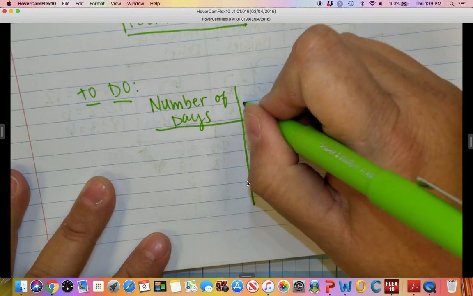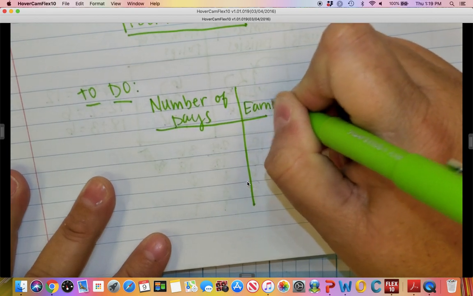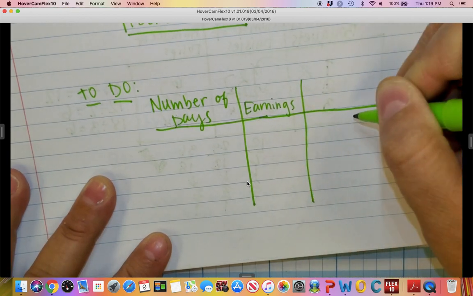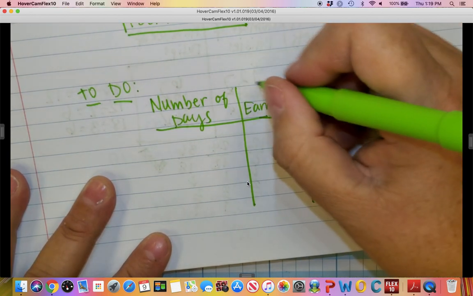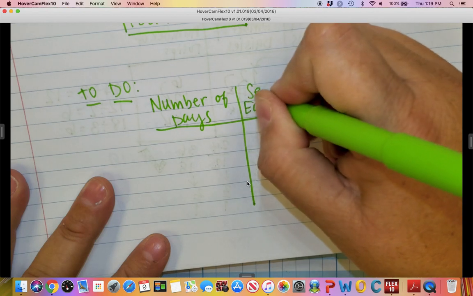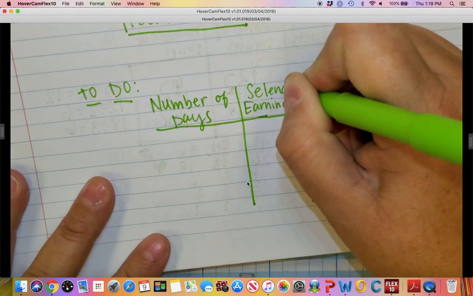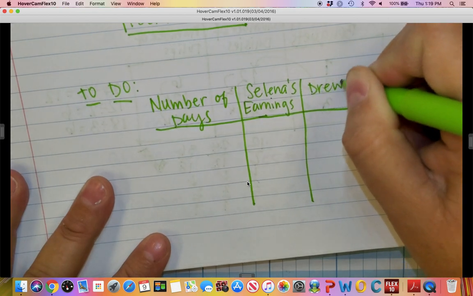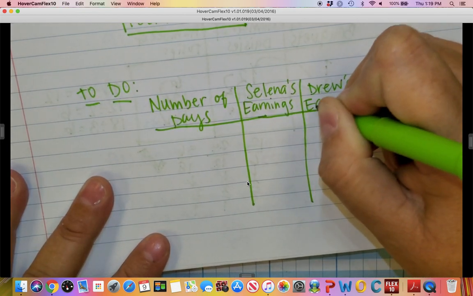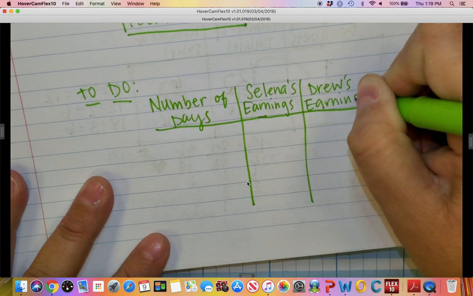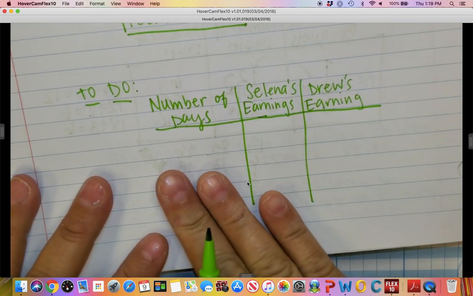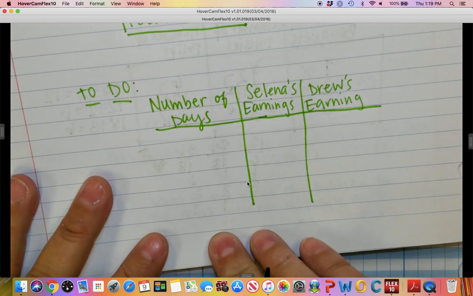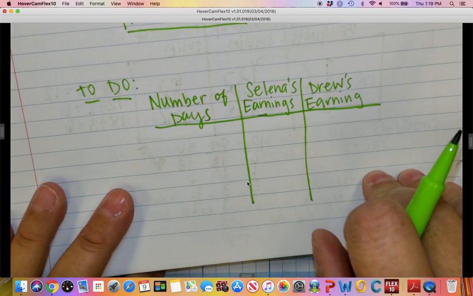And earnings, how much money was made. And this is going to be Selena. And this is going to be Drew. Okay, so this shows Selena makes some money and Drew makes some money. And this is going to say the number of days that they worked, how much they made.